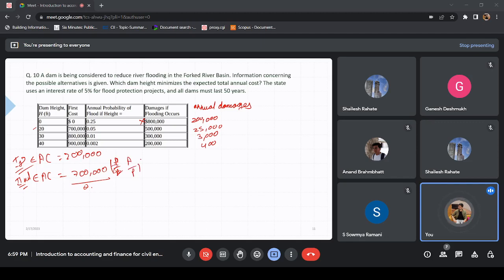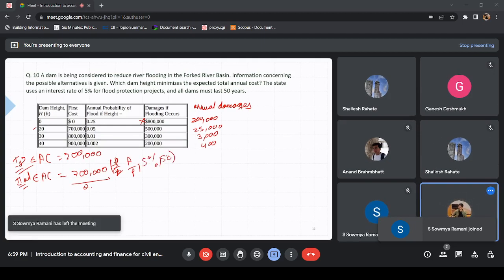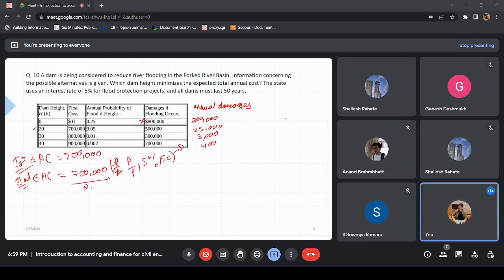So A given P, I is what? 5%, and N is 50 years. So if we take 50 as infinity, this becomes 0.05, right? Is this correct?